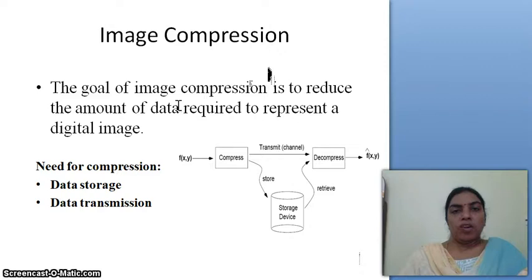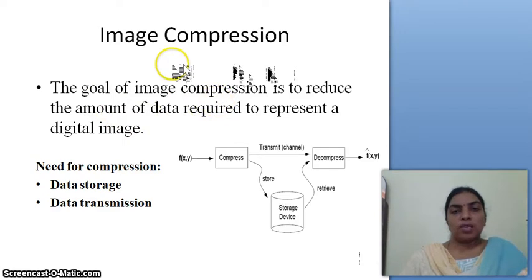Otherwise, the phone memory is not sufficient to store a lot of images and videos. So we should reduce the amount of data required to represent a digital image. This is the goal of image compression.